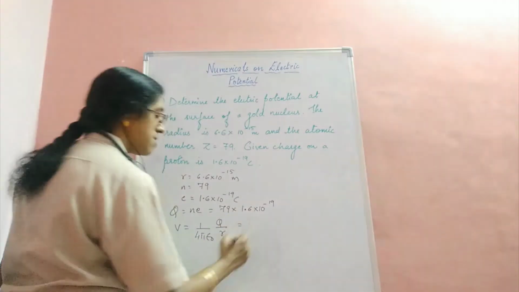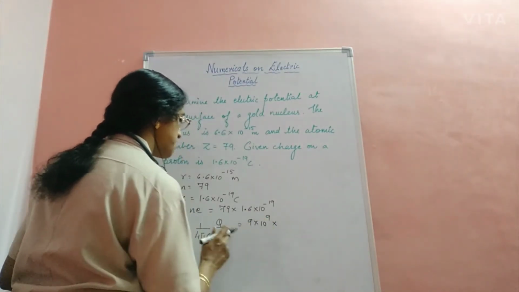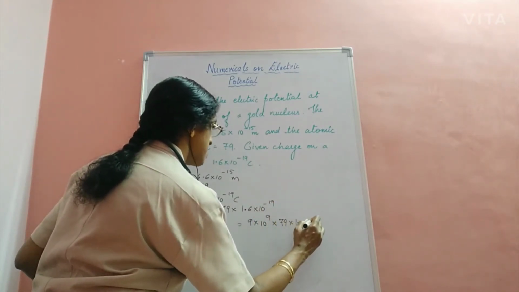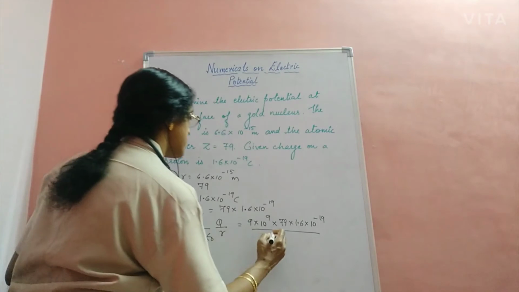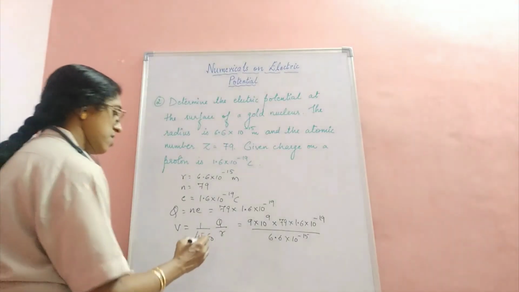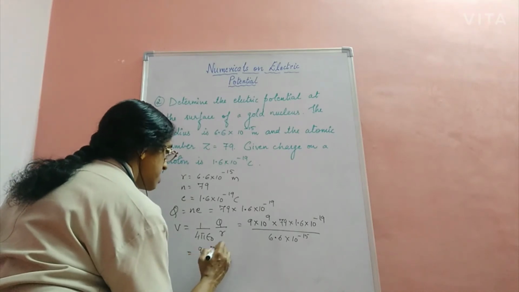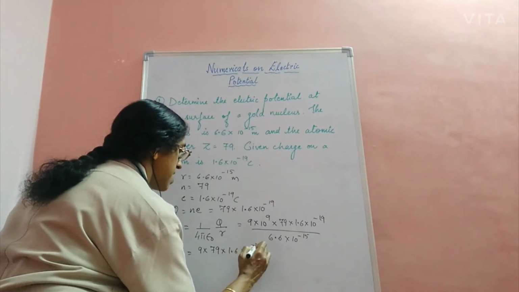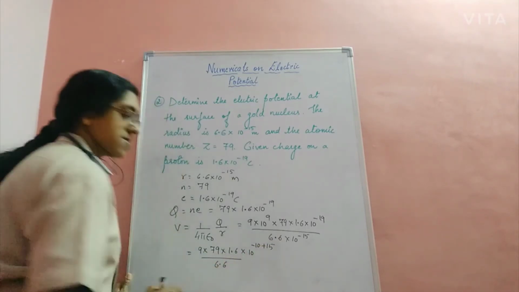Now, 1 upon 4 pi epsilon naught is 9 into 10 raised to the power of 9, into Q, which is 79 into 1.6 into 10 to the power of minus 19, upon R. R is the distance, that is 6.6 into 10 to the power of minus 15, which is equal to 9 into 79 into 1.6 into 10 to the power of minus 19 plus 15 upon 6.6.